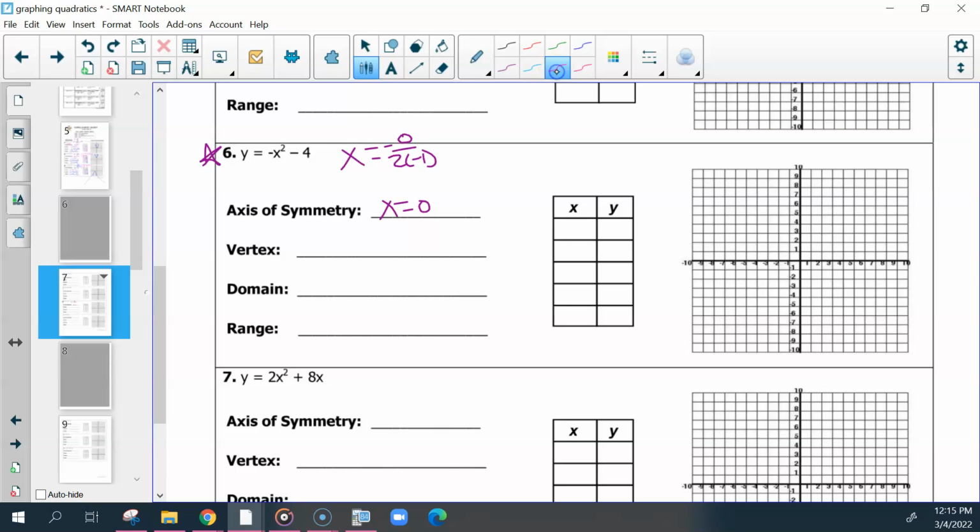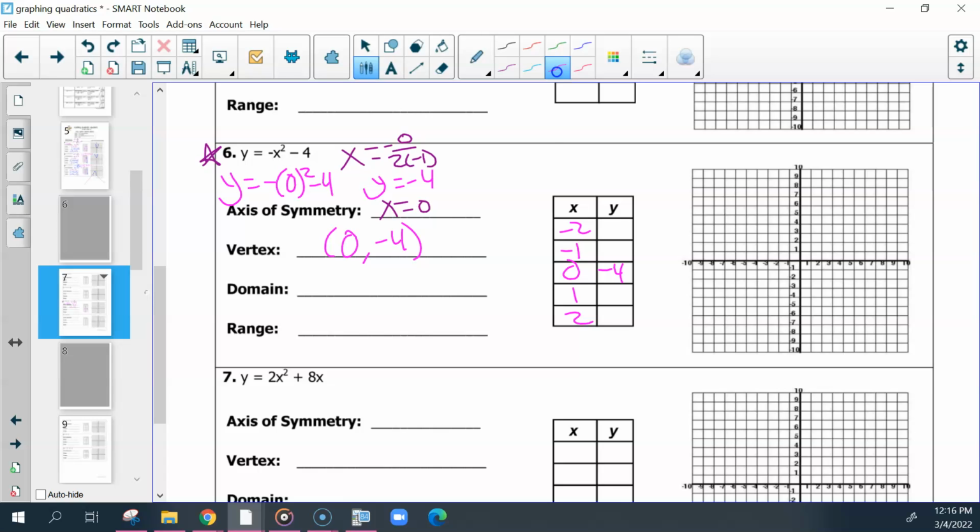If we put 0 into this, what would our y value be? -4. So our vertex would be 0, -4. So that would be our point in the middle. And then filling out our x's, -1, -2, 1, 2.